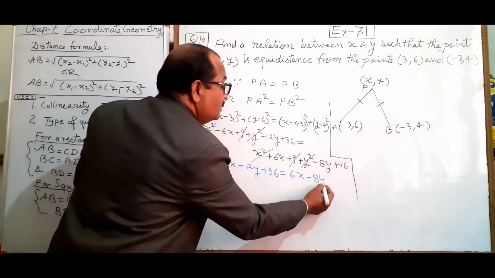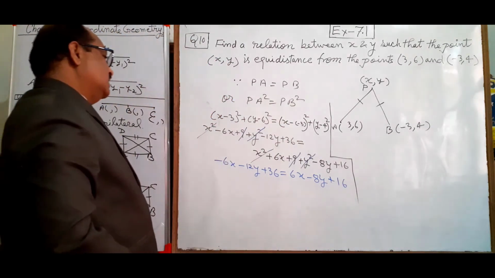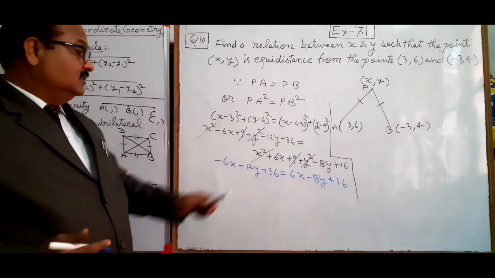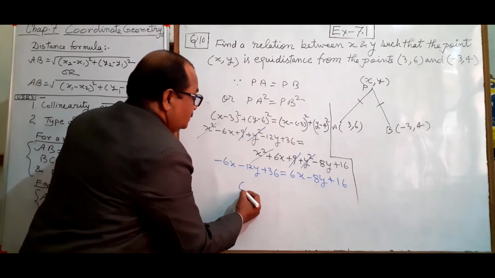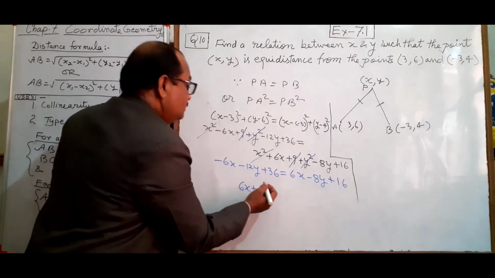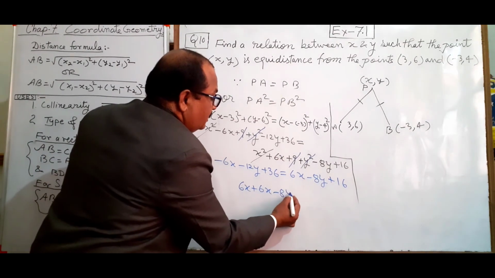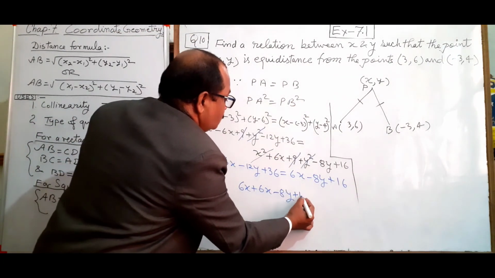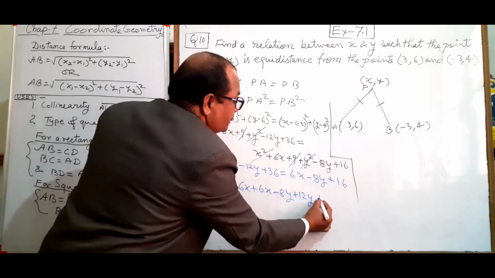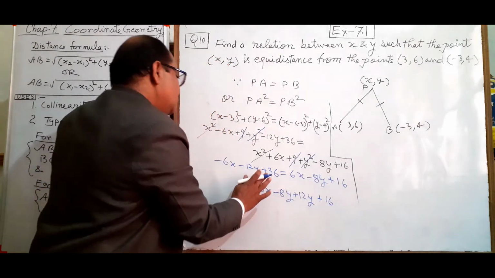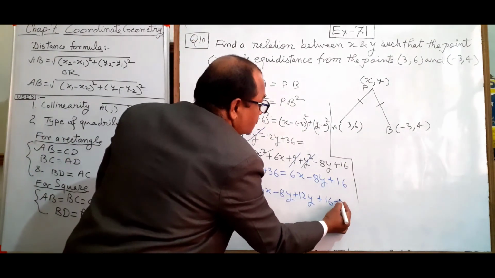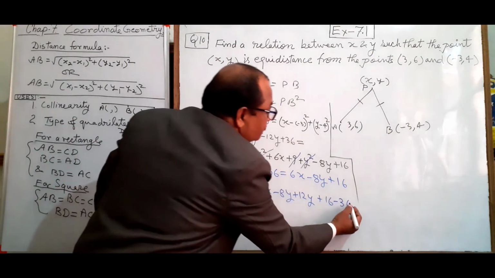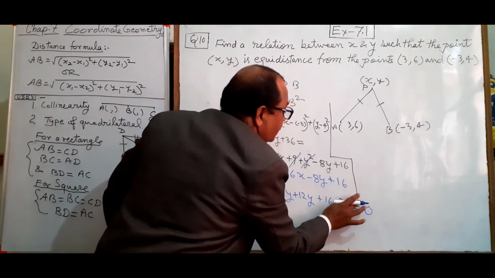minus 8y plus 16. You can now simplify taking all these terms that side. So what we will get? 6x plus 6x, minus 8y, and when transposed it will become positive, and here plus 16 already present, and minus 36 this side, and we are not writing equal to 0 this side, but we are writing the 0 on this side.